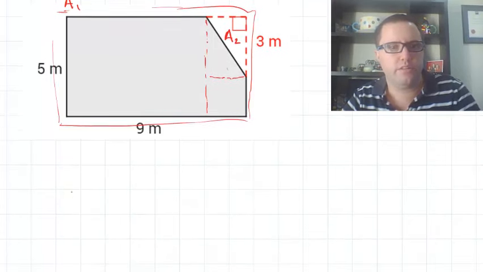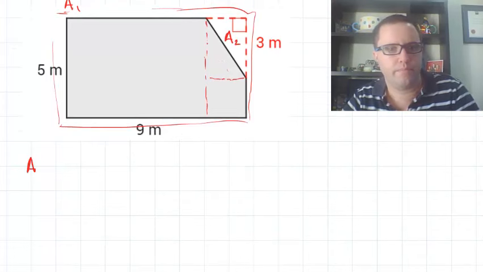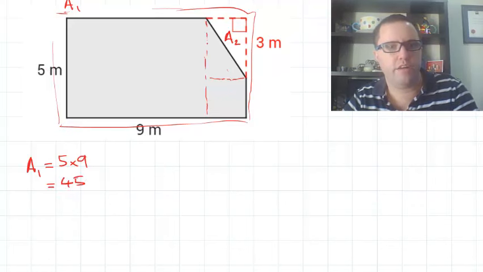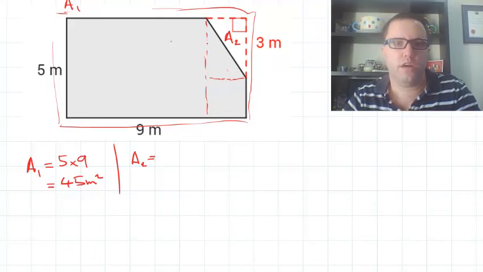So area 1 is equal to the whole rectangle, so it will be 5 times 9, which is 45 meters squared. And area 2 is equal to, I hadn't even written a length up here. Let's just invent one then, because I'm a bit silly there. Let's make it 7 meters.